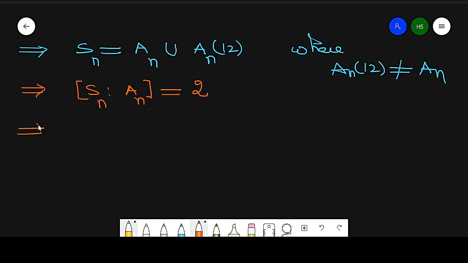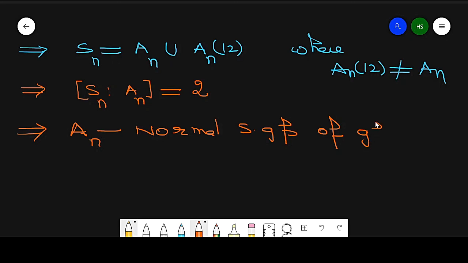So it implies An is a normal subgroup of group Sn. So this is my result. It is a normal subgroup. So the set of all odd permutations can be written in this way.